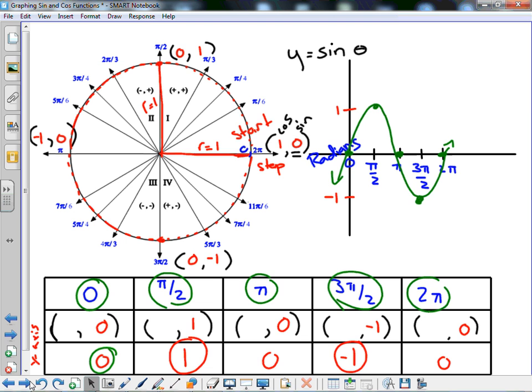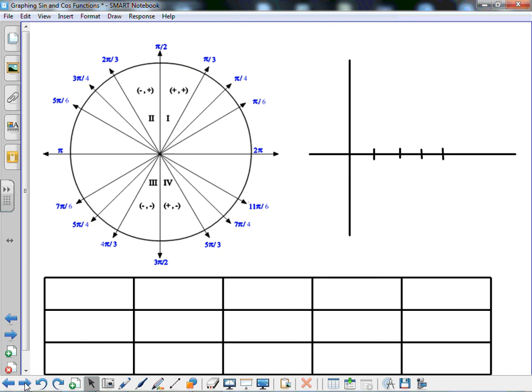Now, what is the cosine function going to look like? Well, the cosine function is going to look very similar in the sense that it's graphed as a wave. But here, we're still going to start at the same spot, 0 radians, and we'll end at 2 pi radians.